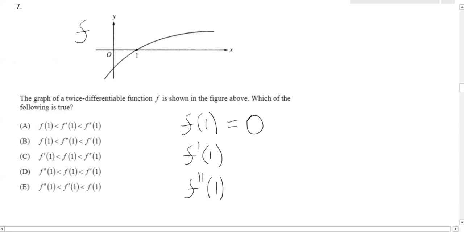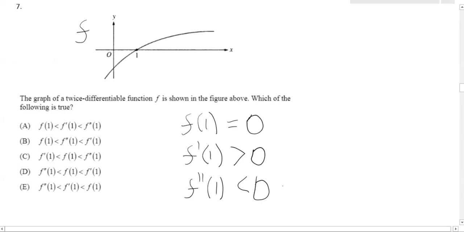F prime of 1, we don't know what the slope is there, but since the graph is increasing through that point, we know that the derivative has to be positive there. And the second derivative at that point, again, we don't have an equation to take the second derivative, but the graph is concave down, so we at least know that the second derivative is going to be less than 0.